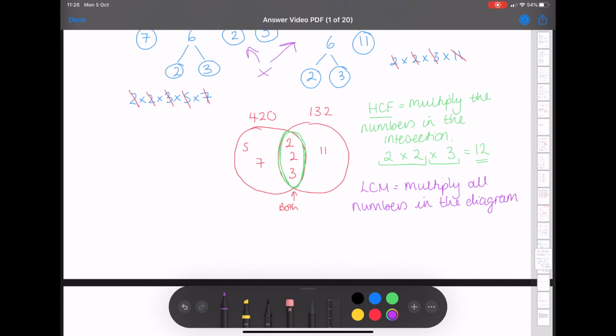Okay, I'm going to rub those arrows out for that. So all of the numbers now. Which would leave you with 5 times 7 times 2 times 2 times 3 times 11, which actually gives us 4,620. Okay, and that would be your lowest common multiple.